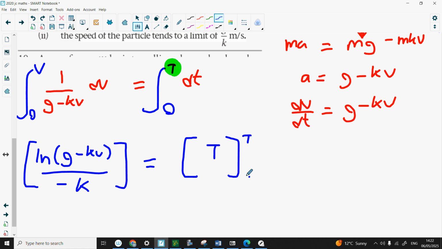Now, I'm going to do a lazy thing here. John, see my lazy move? See that minus k on the bottom? Where could I put that into? I could technically put it here, couldn't I? It won't affect anything, because you're going to multiply it up in the end anyway. So it works.